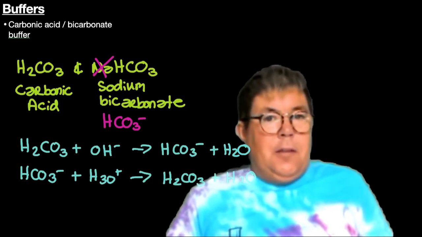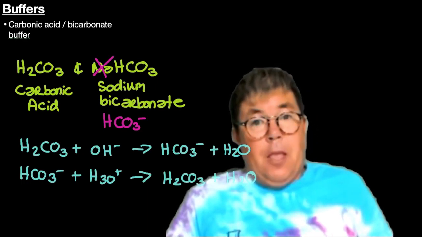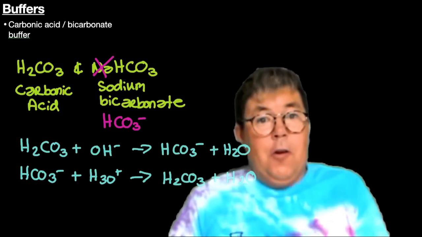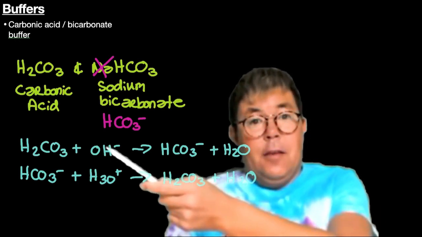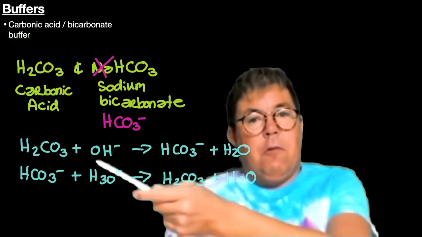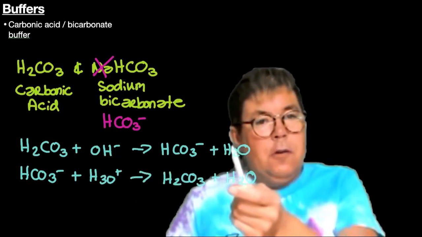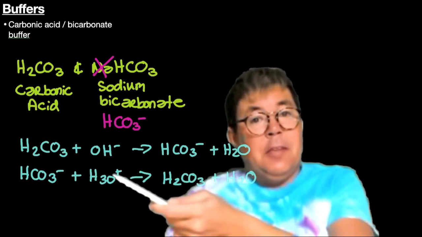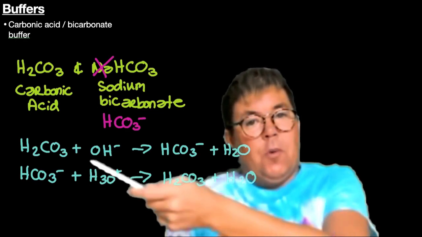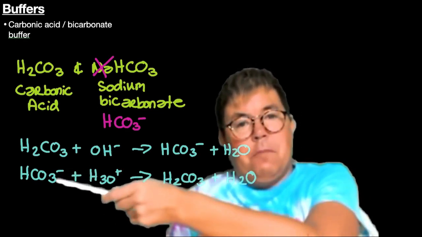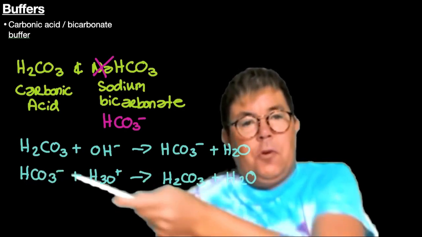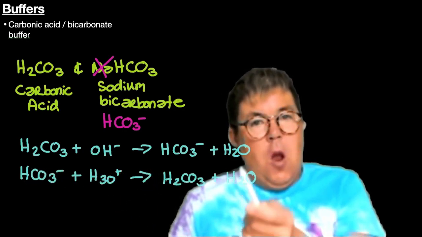So notice what essentially happened in a buffer is the base added will react with the acid, producing water. The acid added will react with the basic part of the buffer. And what are we going to produce? Again, water.